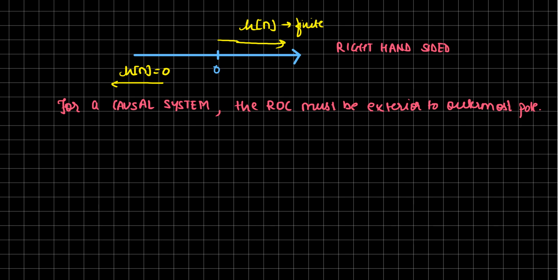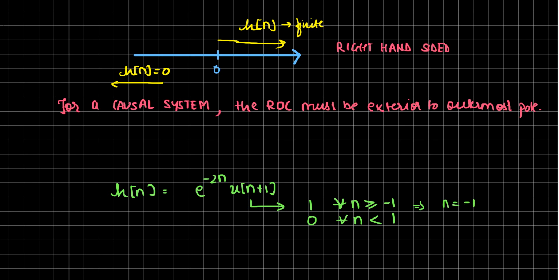But is the converse of the statement true? Let us see using an example. Now, if the impulse response h of n is given by e to the power minus 2n into u of n plus 1, this u of n plus 1 is defined as 1 for all values of n which are greater than or equal to minus 1 and is equal to 0 for all values of n which are less than minus 1, which implies that h of n is a finite value for n ranging from minus 1 to infinity and is 0 otherwise.